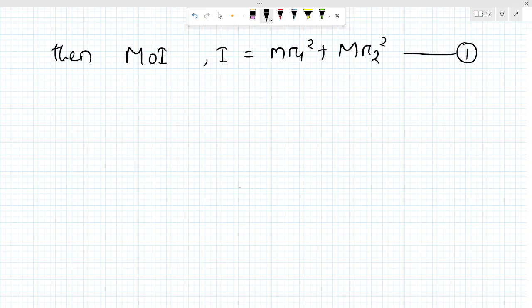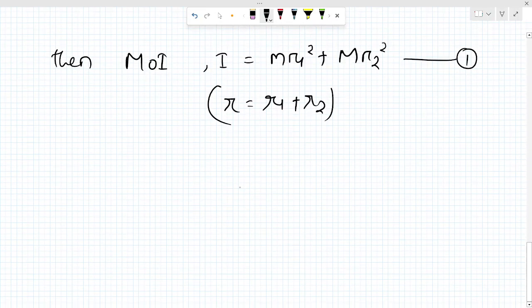Give it equation number 1, and where R is equal to r1 plus r2. Give it equation number 2.